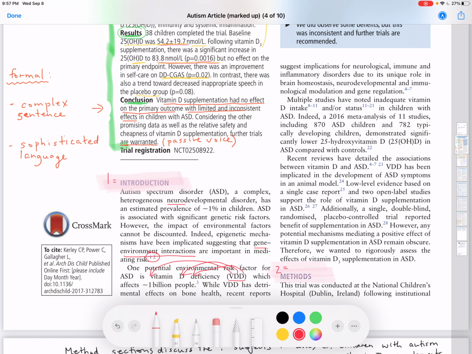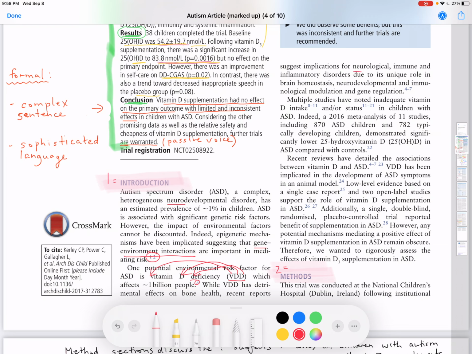So, one possible environmental risk factor for ASD is vitamin D deficiency, or VDD, which affects approximately 1 billion people. There's our third source. While VDD has detrimental, destructive, damaging effects on bone health, recent reports suggest implications or effects for neurological, immune, and inflammatory disorders.